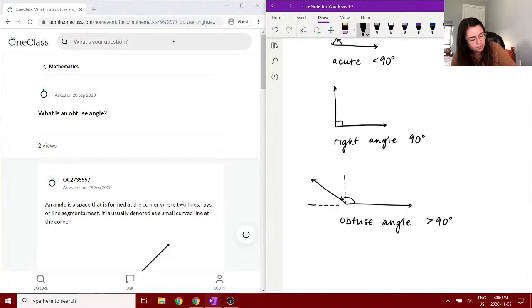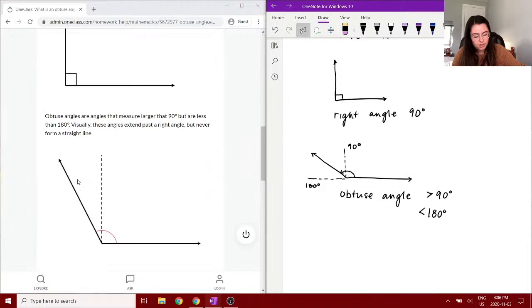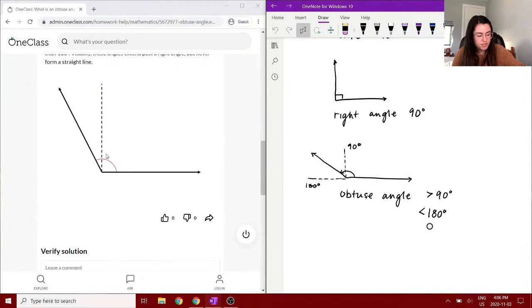Usually, or for it to be an obtuse angle, it has to be less than 180 degrees. This is 90, this is 180, so it also has to be less than 180 degrees to be an obtuse angle. Okay, that's it for this question. And this is just maybe a better drawing of it here.